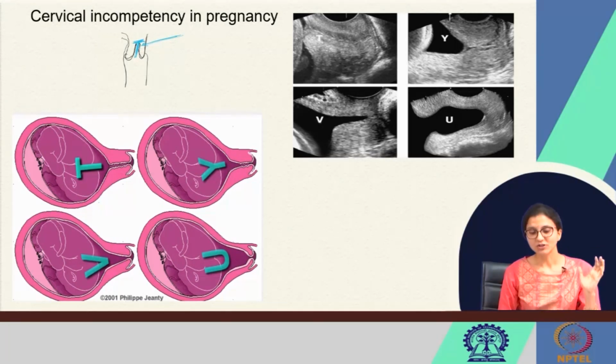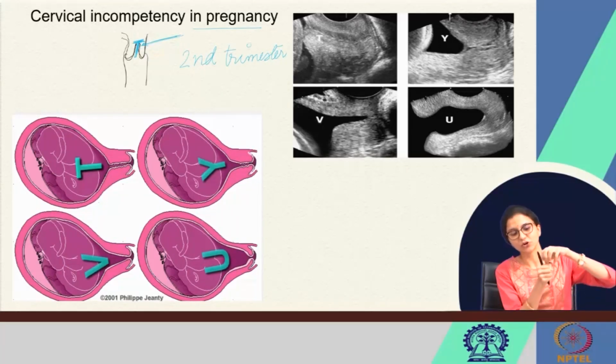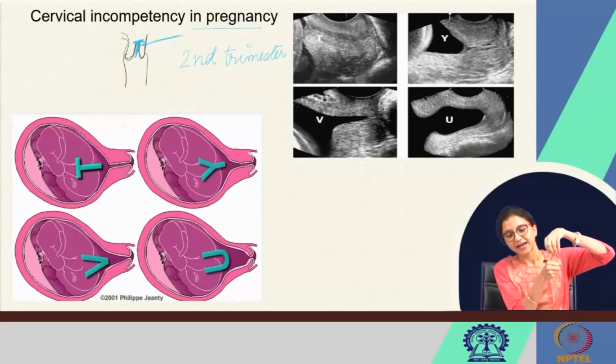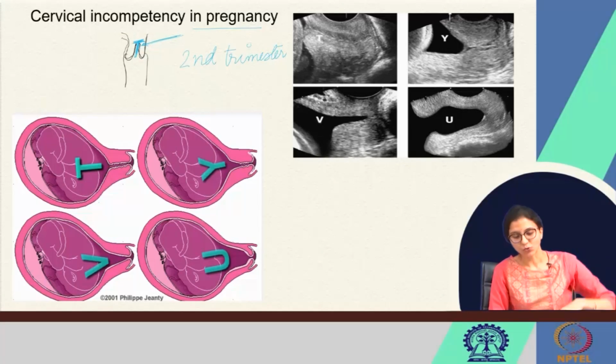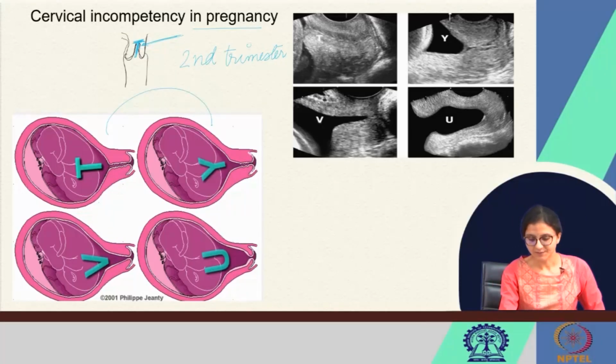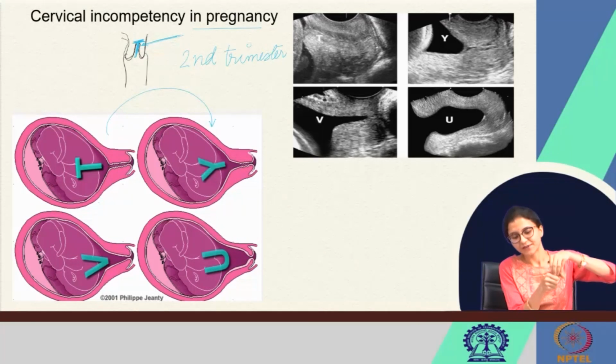But if the internal os is incompetent in pregnancy, mostly in the second trimester, when the uterus is enlarging and gaining weight, the cervix cannot hold the uterus. So, the cervix opens up and then it becomes Y-shaped. It becomes Y-shaped, the internal os partly opens.